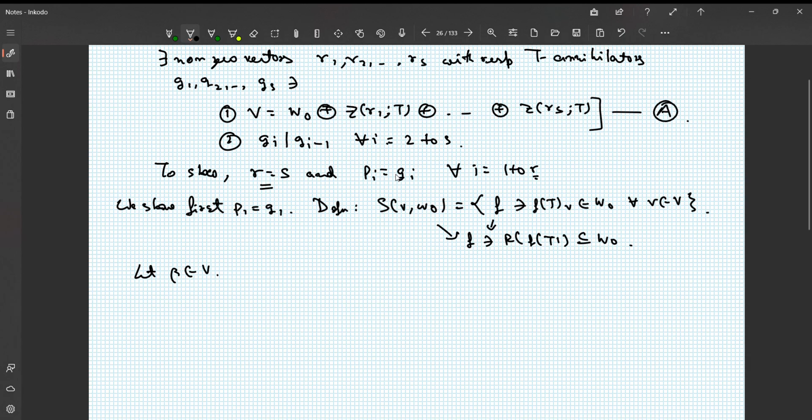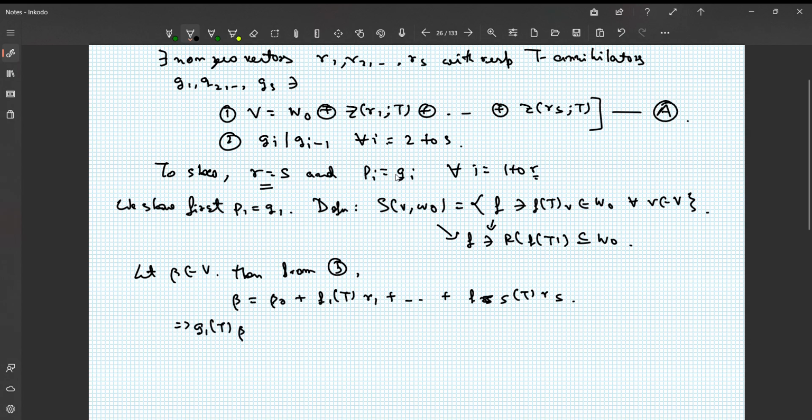What we do is that if I choose a vector beta from V, let beta be in V, then beta will clearly have the form beta naught plus f1(T) of gamma 1 and so on till fs(T) of gamma s.